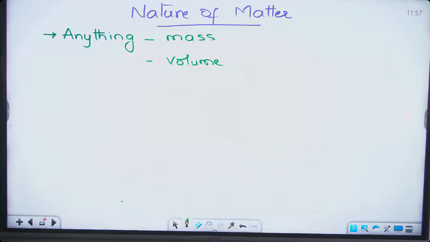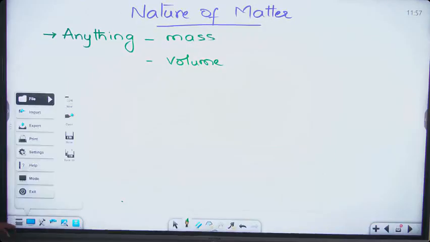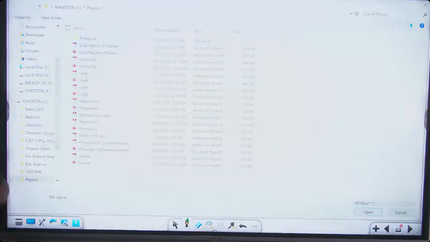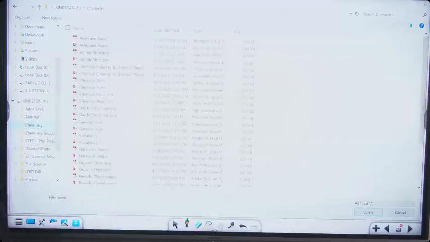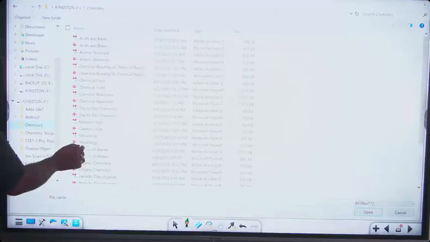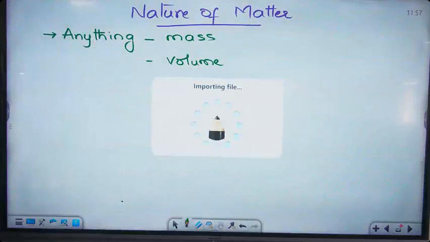Solids, liquids, gases, plasma state, and then the Bose-Einstein condensate state. So the moment you're talking about the classification of matter, matter classification in general takes place based on their physical as well as chemical properties.